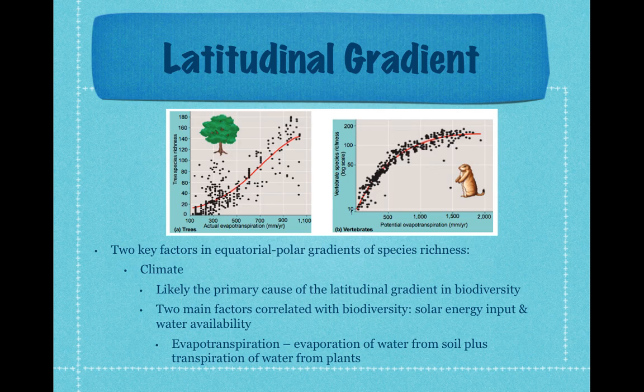You end up seeing much more transpiration going on in the tropics, so there's a constant cycling of water and nutrients, and a lot of that is available to them. Versus going out into the temperate zones and the polar zones, you don't have as much of that cycling of water, and thus you don't have as much species richness as a result.